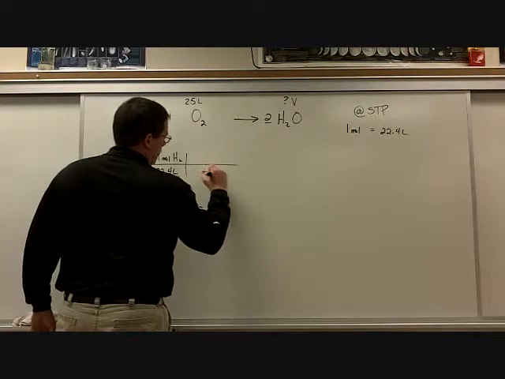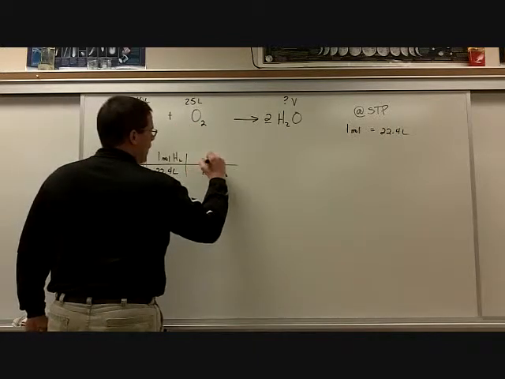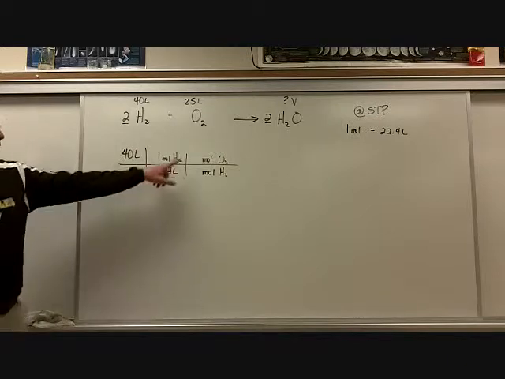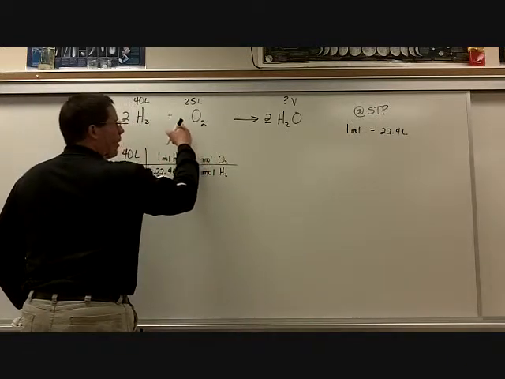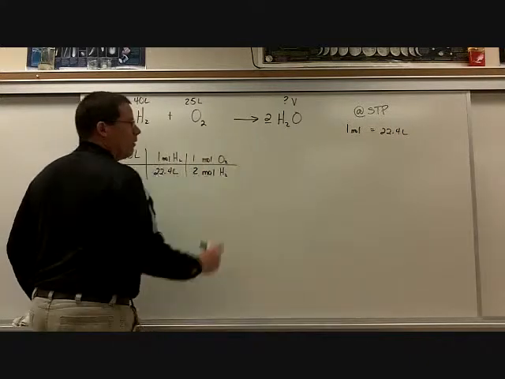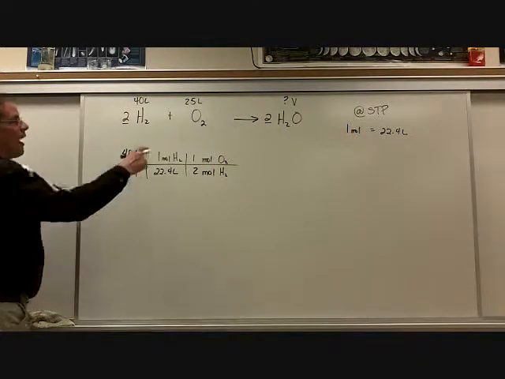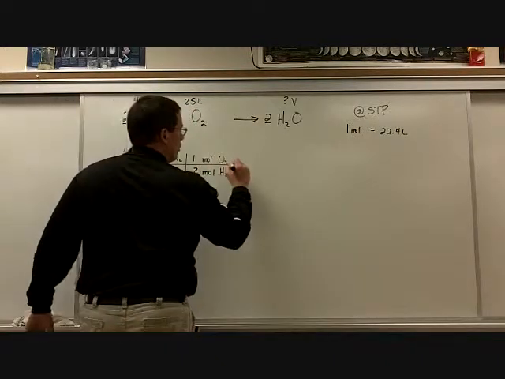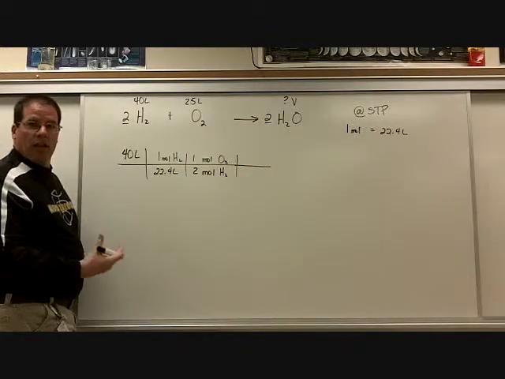Step 3, we want to get rid of the units of hydrogen, and we compare it to the moles of the other reactant, in this case oxygen. So what values go in front of these? 2 and 1. We're not doing the product just yet. Then we need to find out how much oxygen we're going to consume, so we go back to the unit the other substance is in.